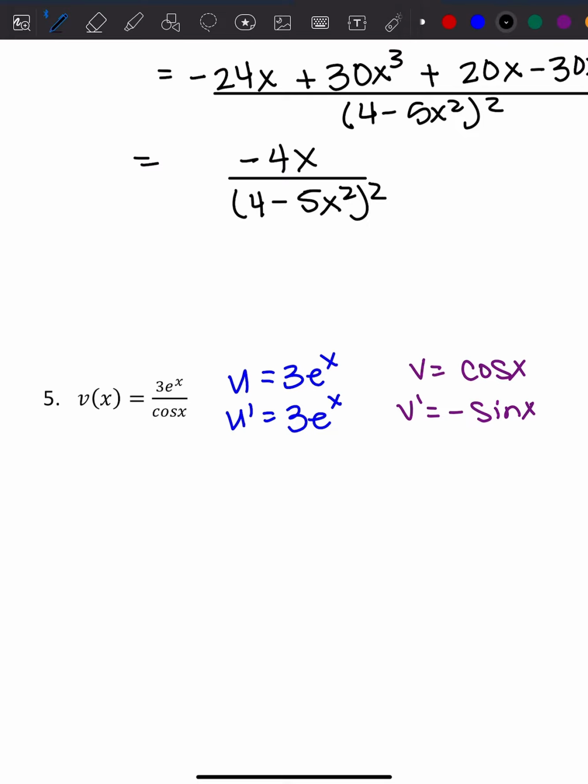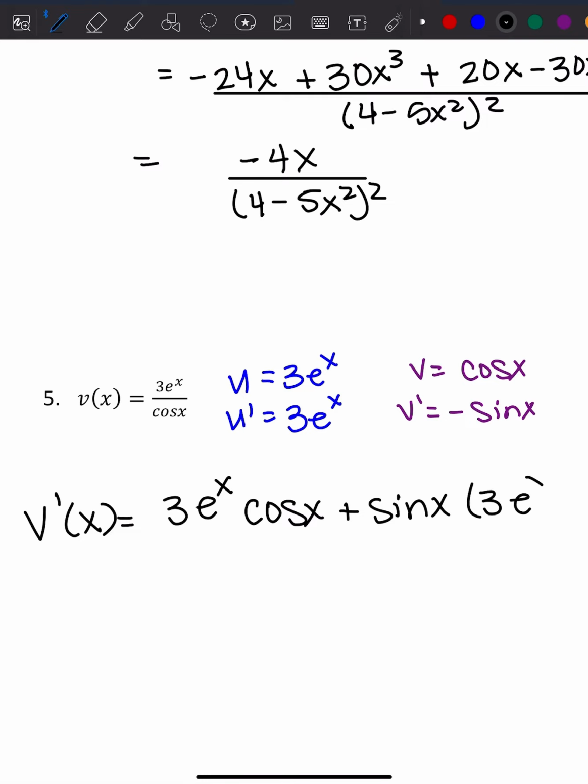So h prime of x is going to be u prime times v minus v prime times u, all divided by our denominator squared.